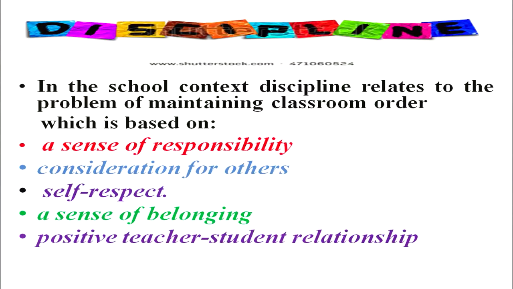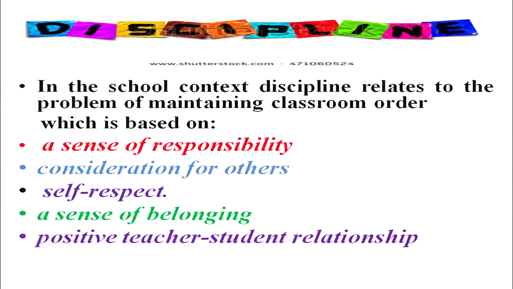So, in the school context, discipline relates to the problem of maintaining classroom order, which is based on a sense of responsibility. The student should have a sense of responsibility for the classroom jobs or for his own studies. Consideration for others: the student should take care of others also. Self-respect: if we respect ourselves, only then can we respect others.